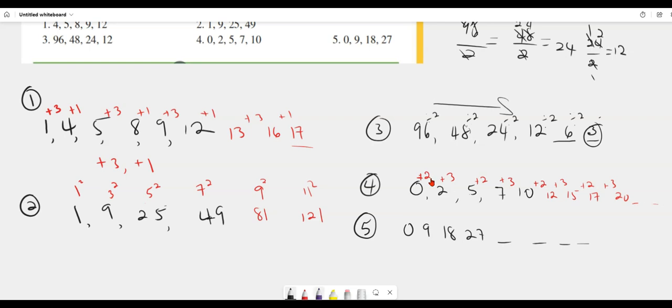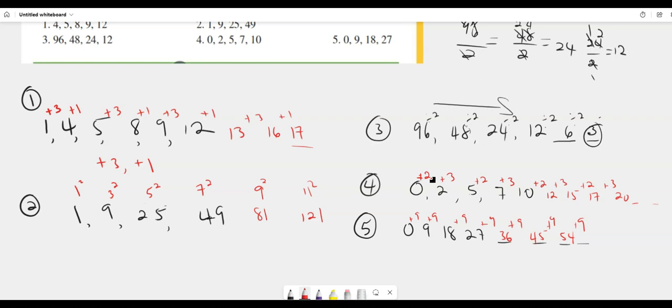And we did this one before. So 0, then 9. So this is a plus 9. 9 to 18, that's a plus 9 again. 18 plus 9, 27. 27 plus 9, 36. Plus 9, 45. Plus 9, 54.